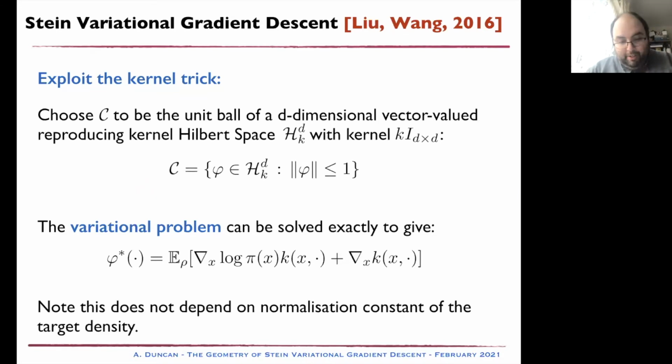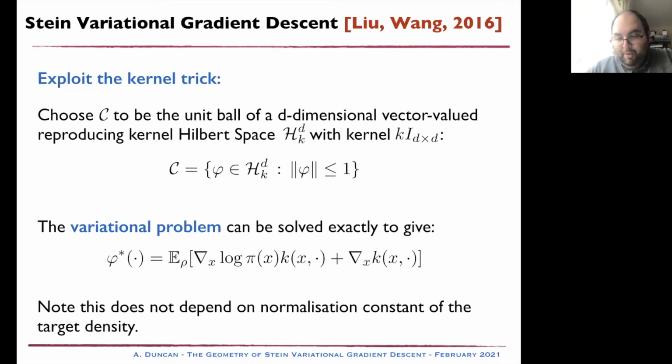Then exploiting the kernel trick, you can get an expression for the optimal vector field, and it's closed form up to expectations. The key point here is that this doesn't depend on the normalization constant of the target density. So that's a very attractive approach.